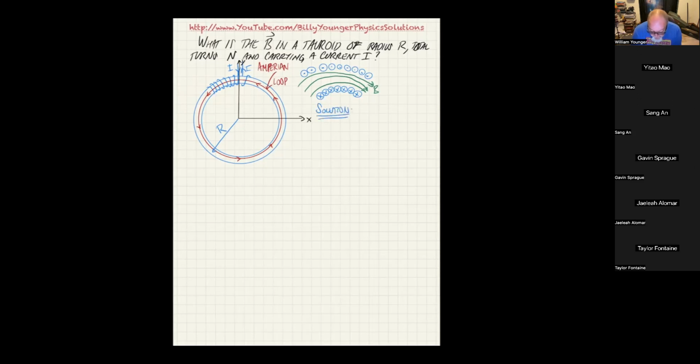First off, I'm going to say that B is equal to, this is my hypothesis, so I should probably write that too. So let's say hypothesis.